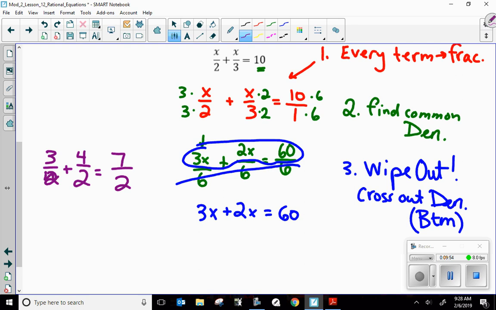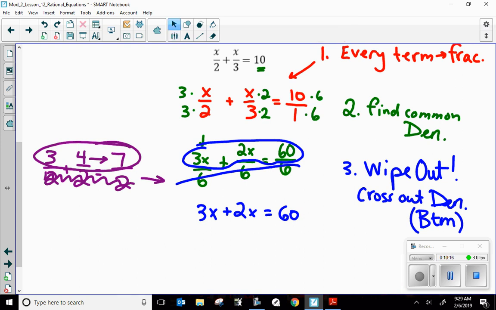Did my 2 have any effect on what the top should be? No, it doesn't. That's the same rule that applies here. My x's are in the top, so I'm still going to solve for x with just my top. The bottoms aren't going to have anything to do with anything. Whenever the bottoms are all the same and you're solving an equation, boom, wipe out, done.